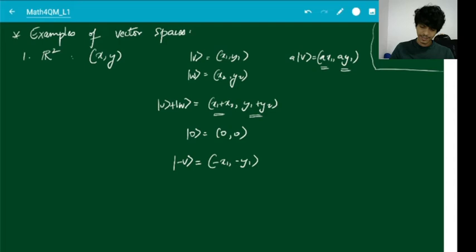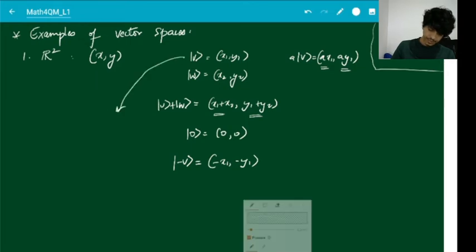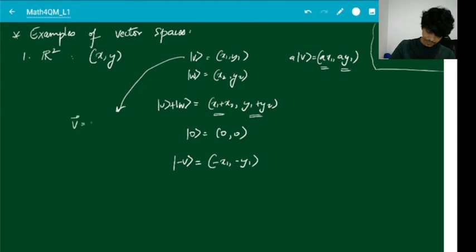And you can think of this object x comma y as just being x1 i hat plus y1 j hat.